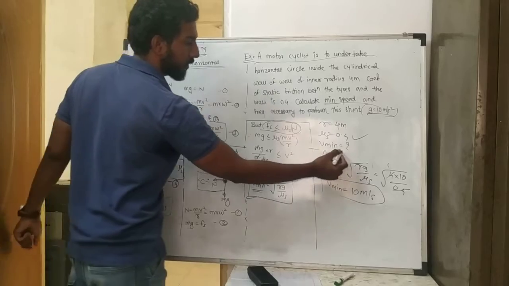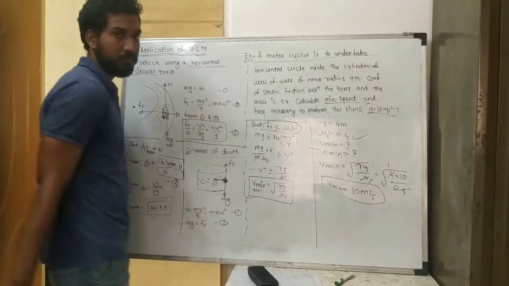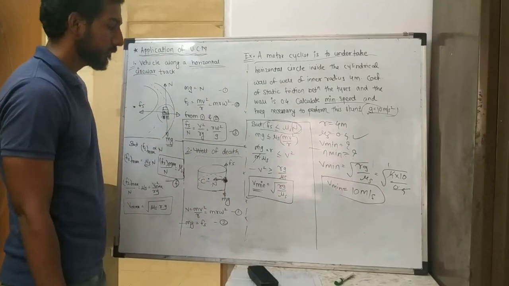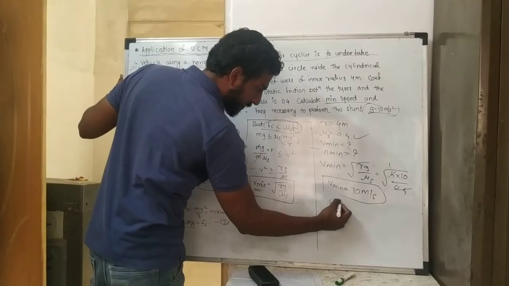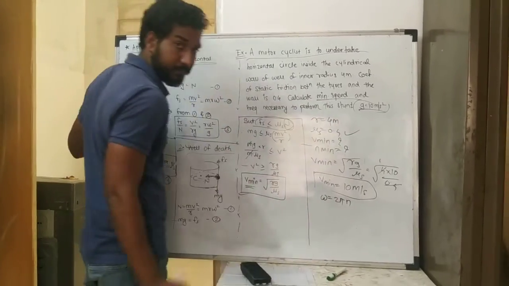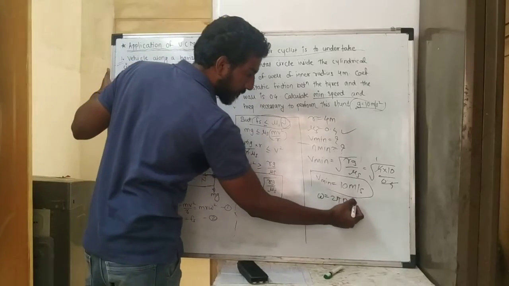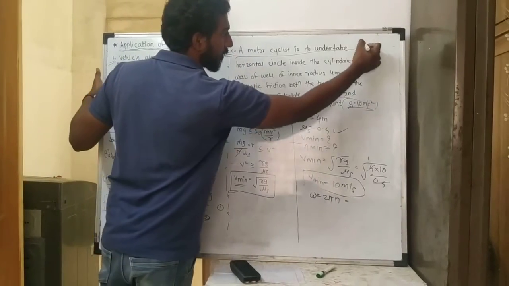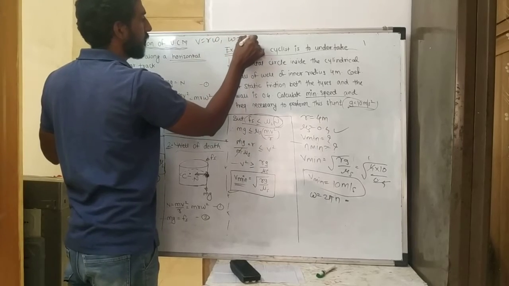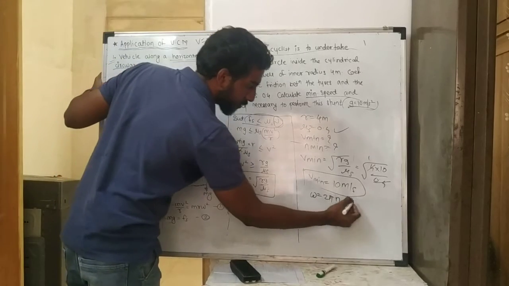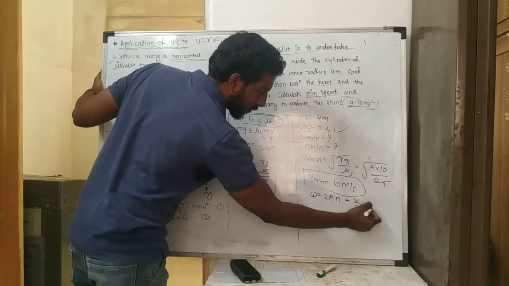Another unknown is the frequency, rotations per second. We know that omega is equal to 2 pi n, and v is equal to r omega, so omega will be v upon r. So v by r is equal to 2 pi n.